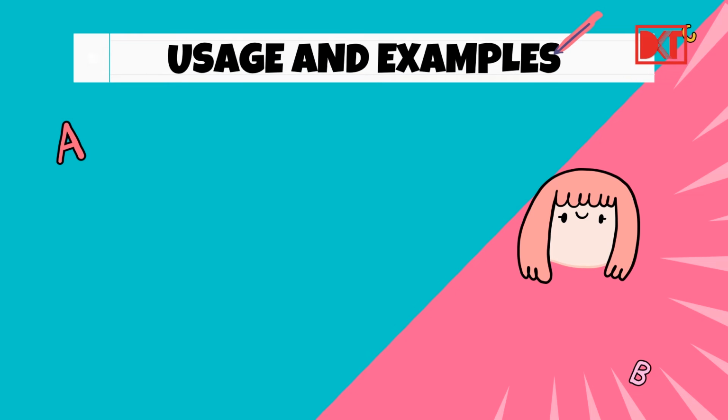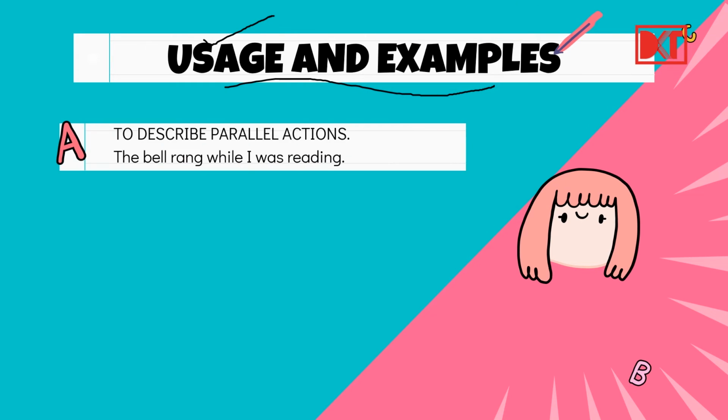Now we have various usages and examples for the past continuous tense. Let's see. Past continuous tense is used to describe parallel actions. Parallel actions like, now the bell rang. Rang is the past form of ring, and it is used for simple past. But while I was doing what? Which action was interrupted? While I was reading.